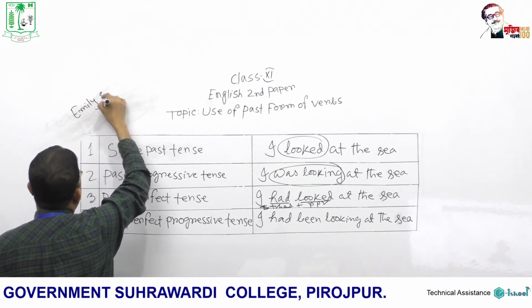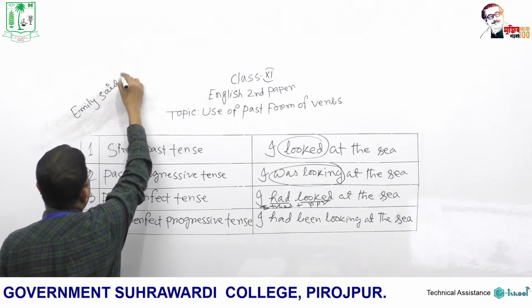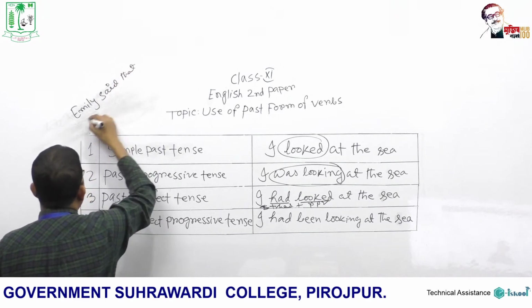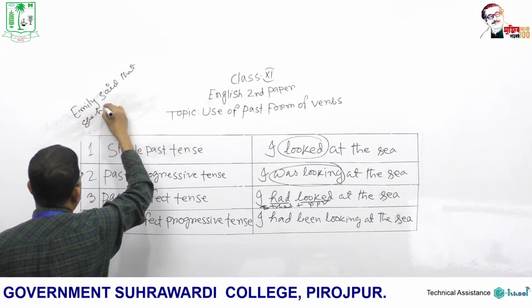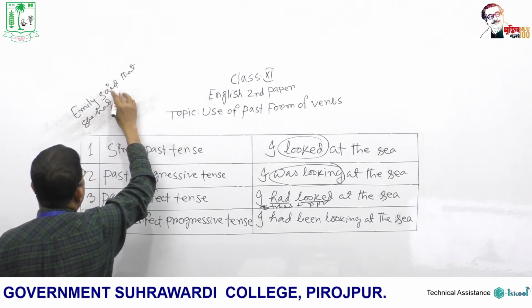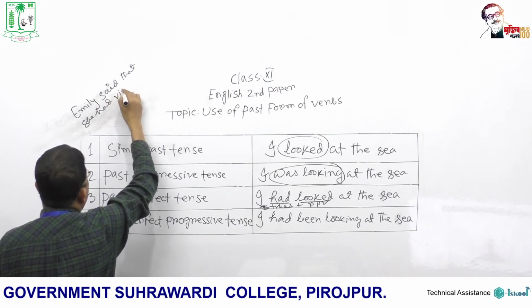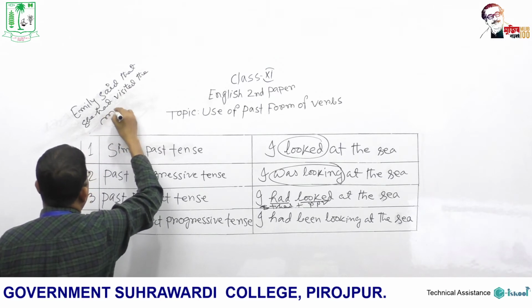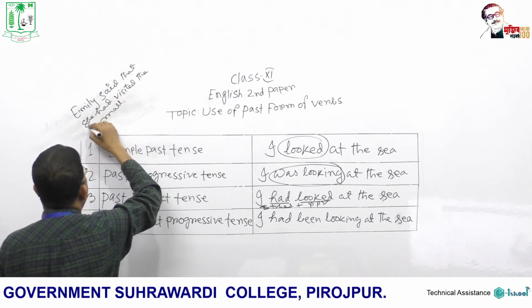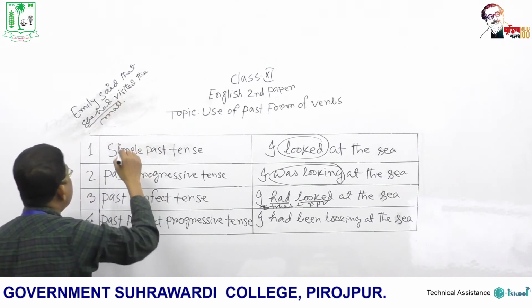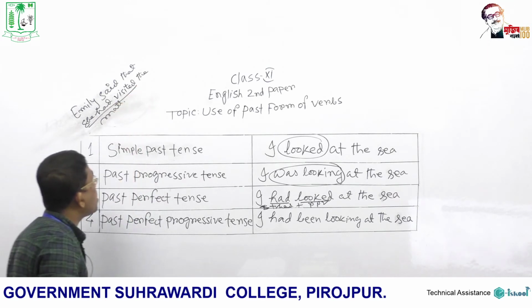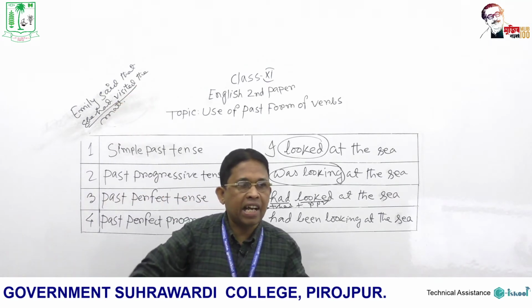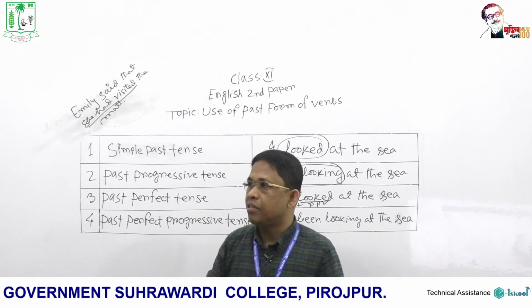Another example of past perfect tense: Emily said that she had visited the mall. She had visited. A complete action has been indicated here.